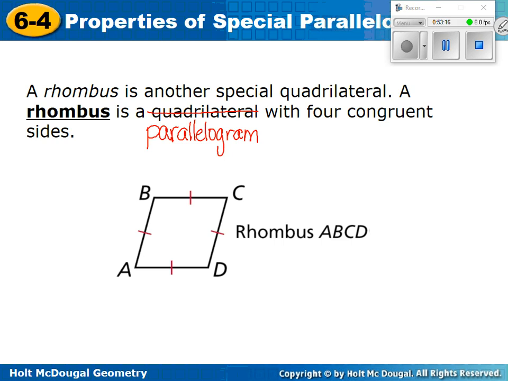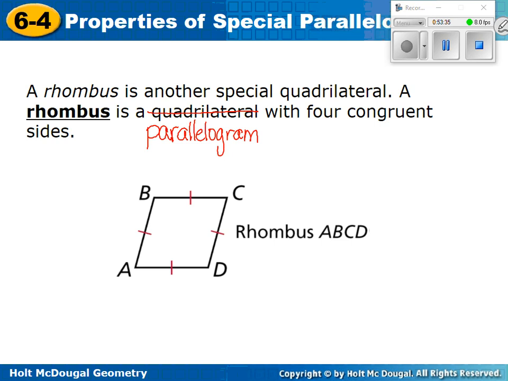Congruent sides. Okay, a rhombus has 4 congruent sides. If you want to, you can draw yourself a picture there just to make sure you understand what you're writing. It's going to have 4 congruent sides.